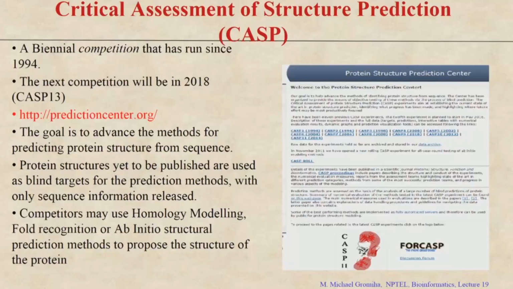Now there is a competition called CASP, the critical assessment of structure prediction. They conduct it once in 2 years. What they do is get the experimental structures from crystallographers or from NMR spectroscopy. Before publishing them in the PDB, they keep the structures and give the sequences open to competition.